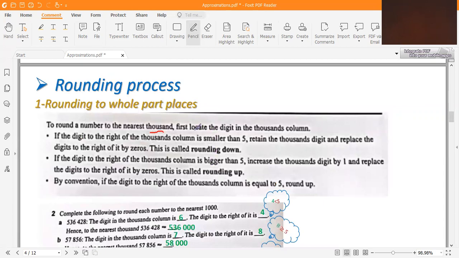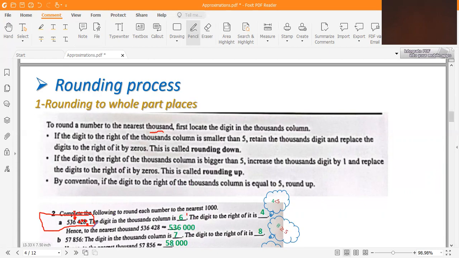Fourth column. First, locate the digit in the thousands column. For example, here we have this number. We don't have a decimal point, so we add one on the extreme right. First place, second, third, and fourth place. The digit in the thousands column is 6.